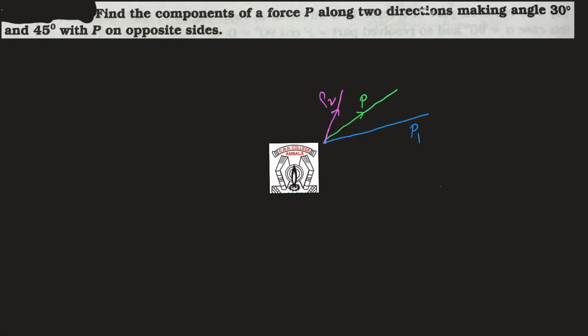Opposite side means one is in this direction, another in this direction, on either side of the force. Both cannot be present on the same side because it is clearly mentioned on opposite sides, making an angle 30 degrees and 45 degrees. So, it is up to you.